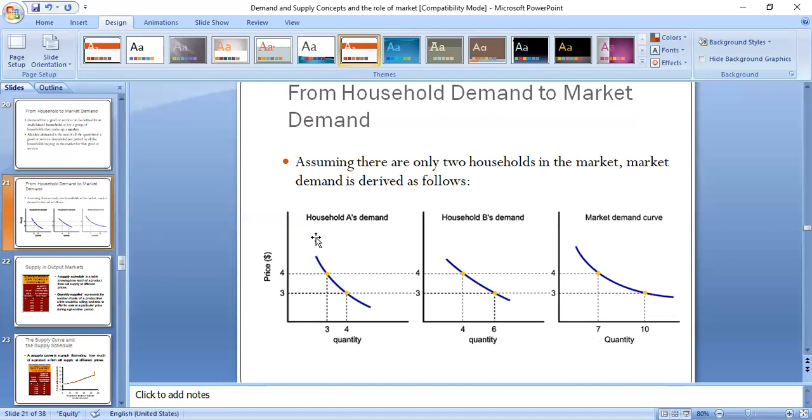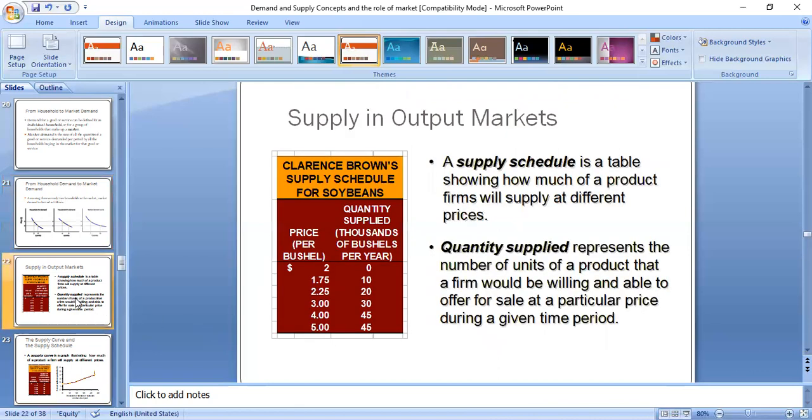So for example, we have household A demanding, this is its demand curve, household B having that demand curve, and then when we add, we shall have a total demand, the total market demand curve, where we are simply adding the total demand, or it would be orders if we are to put it in that way.